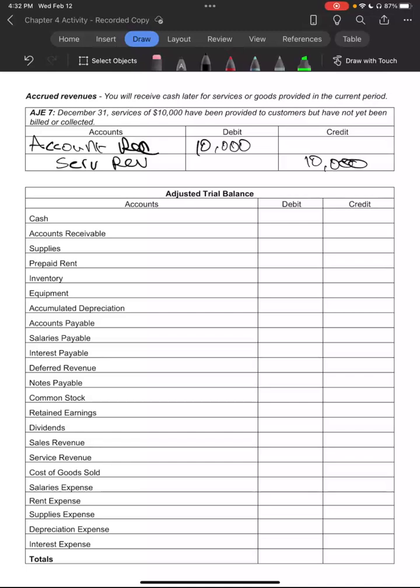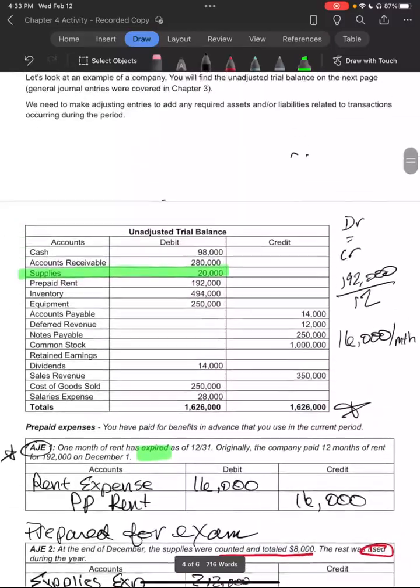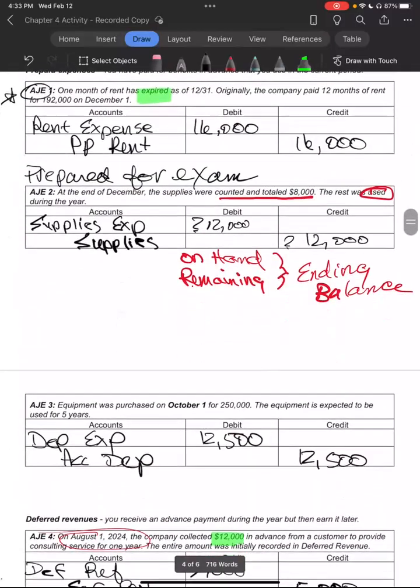And the way that we're going to complete that is by filling in the account balances for each of these accounts. So cash, we know, is an asset account, so it should have a debit balance because it is a debit normal account. If you notice, none of the adjustments that we made impacted cash.